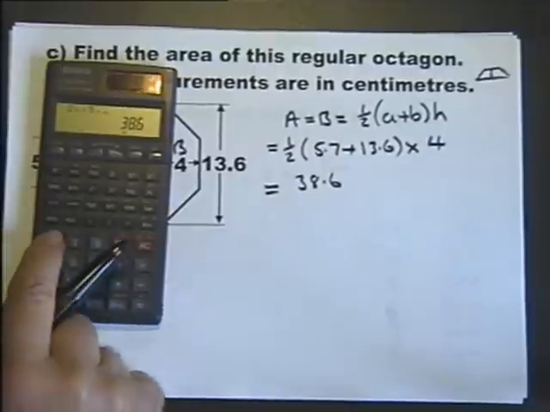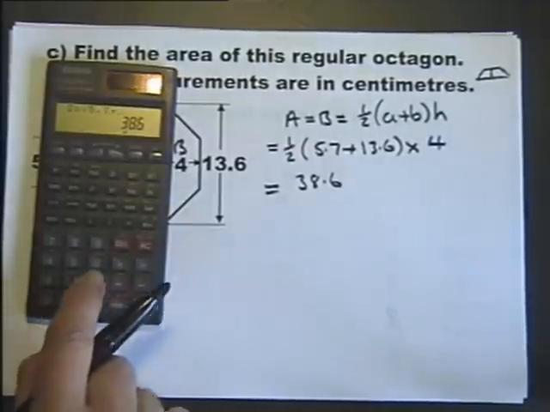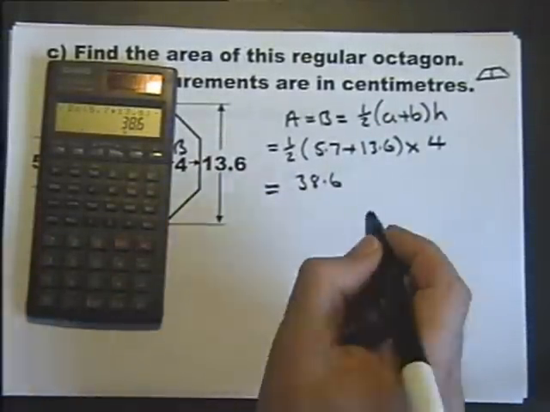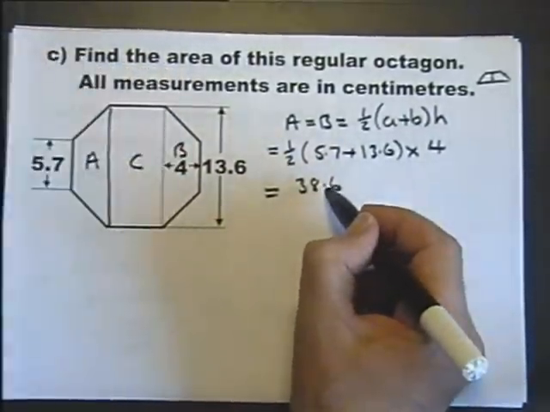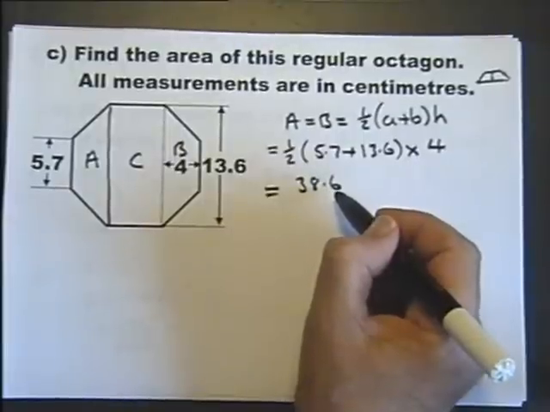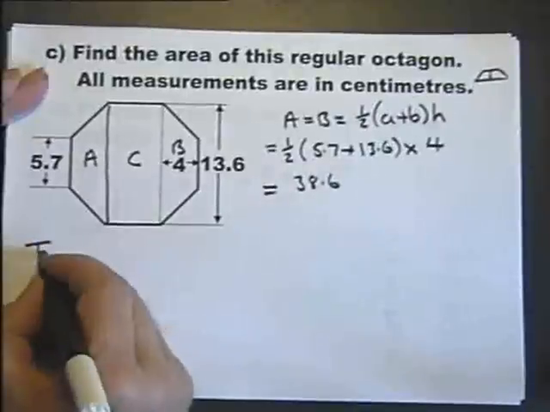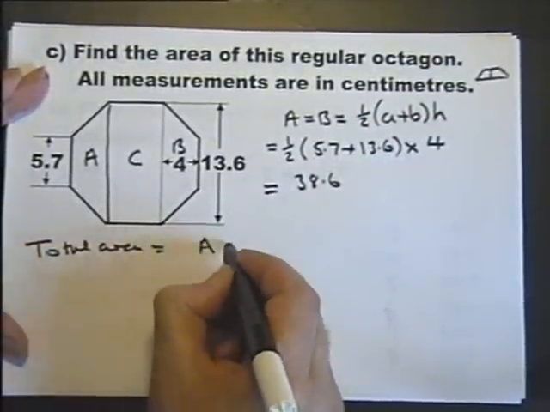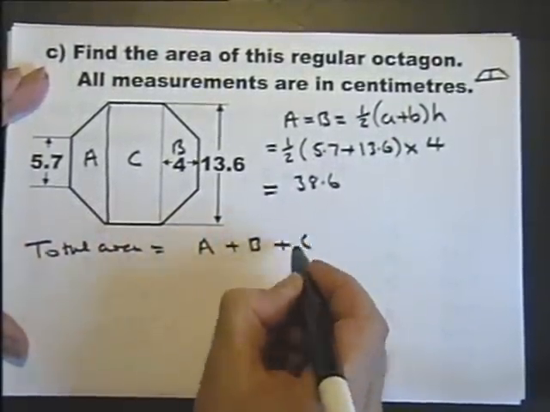So I'm doing it a different way, and if I get the answer again I feel lovely and happy. So that's the area of A and the area of B. So total area equals A plus B plus C.